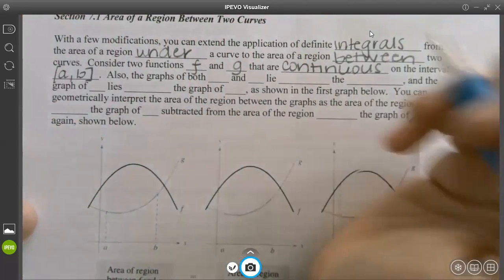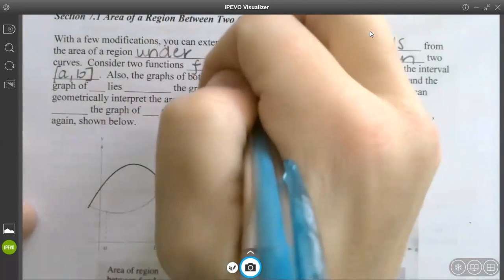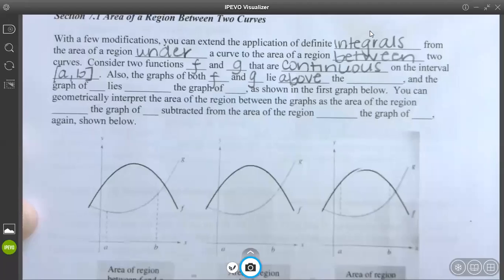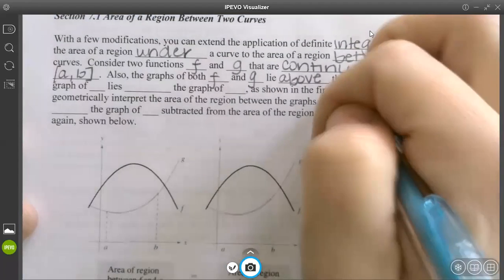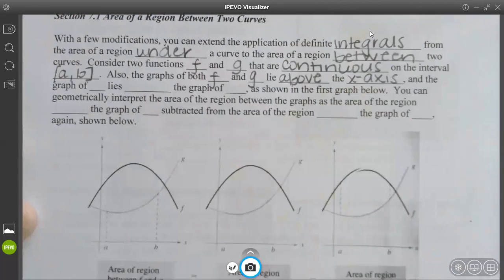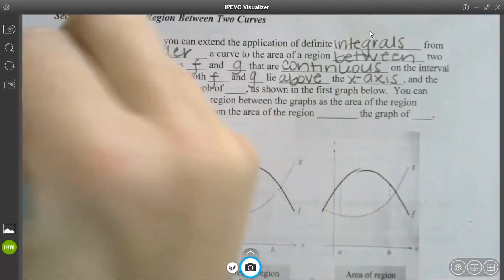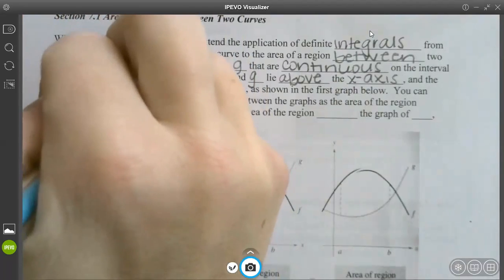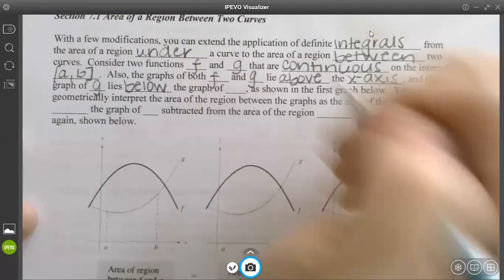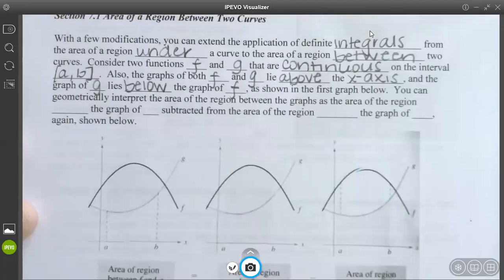Also, the graphs of both f and g lie above the x-axis. And the graph of g lies below the graph of f, as shown in the first graph below.